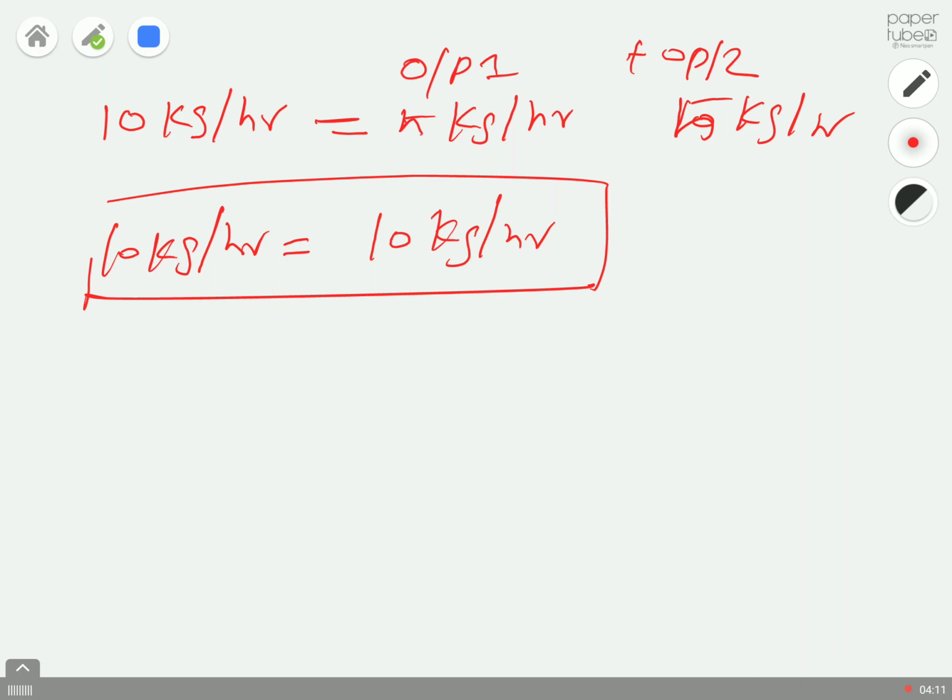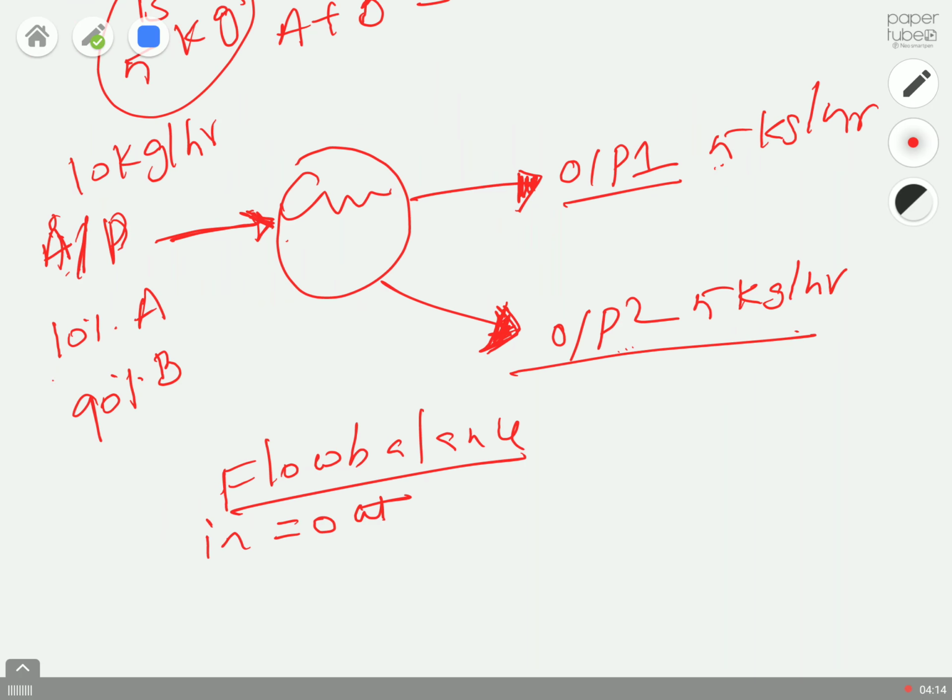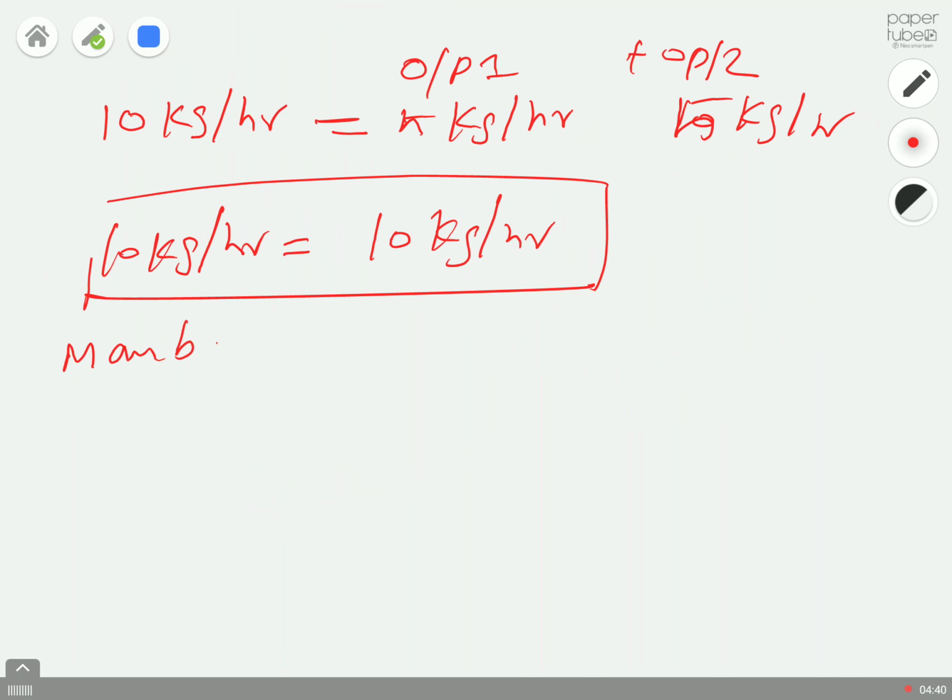Coming back to the same problem, I said in the input stream you have 10% A, and just imagine in output stream 1 you have 5% A. In the output 2 stream, how much percentage of A is there? If we need to calculate that, we call this a component balance. So now we are going to perform a mass balance on one component, which is A. We have the system.